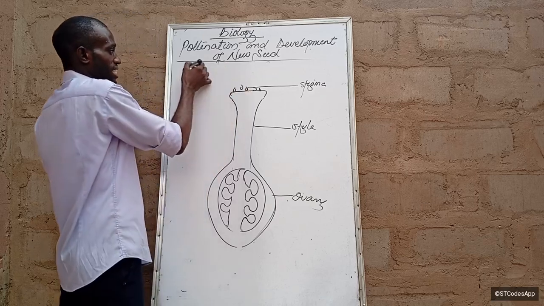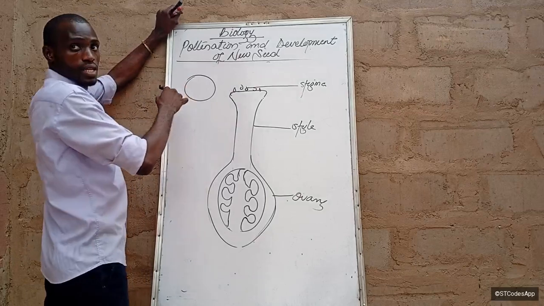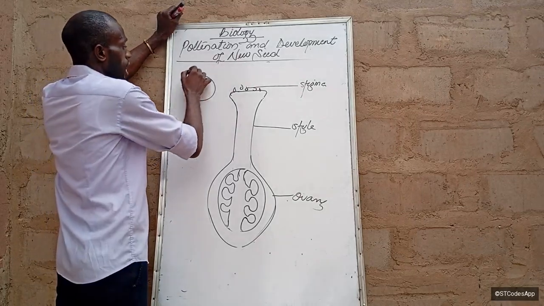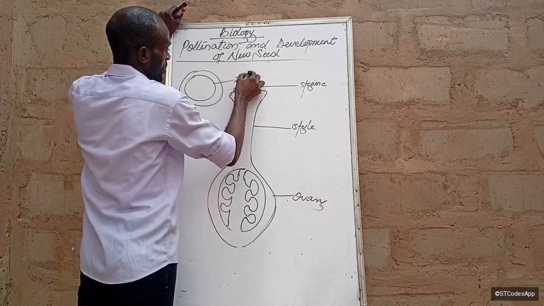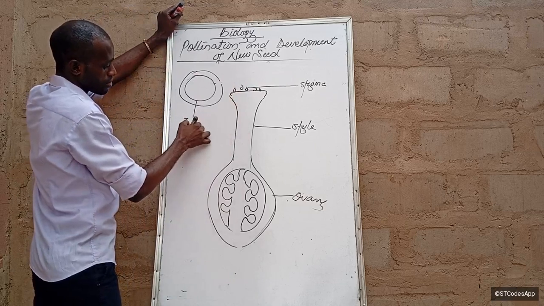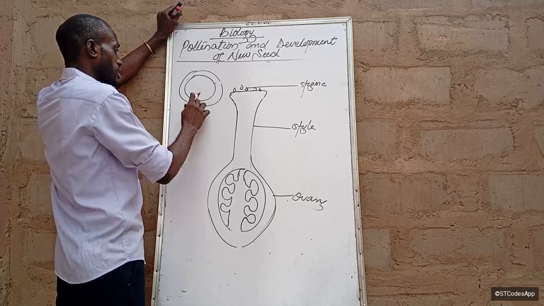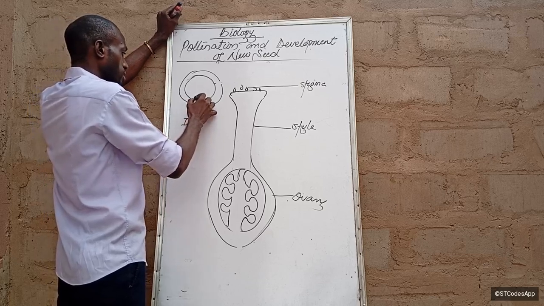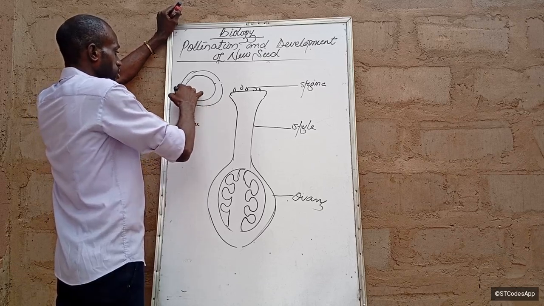When the pollen gets here, now a pollen looks something like this. Now this side is called the intine. The inner portion here is called the intine, and this one outside here is the exine.